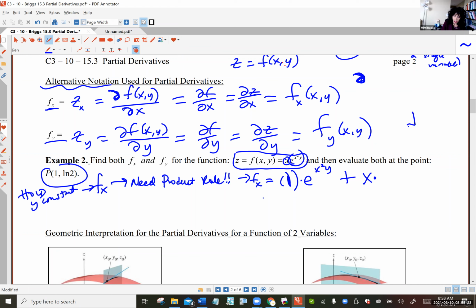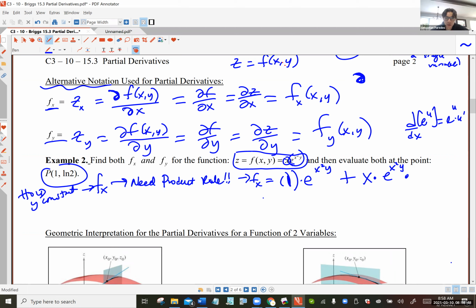So you remember the exponential rule from Calc 1 that says the derivative of e to the u is e to the u times u prime. That's still going to be true. So you're going to have e to the u, e to the x squared y, times the derivative of x squared y, but with respect to x. So what would that be?